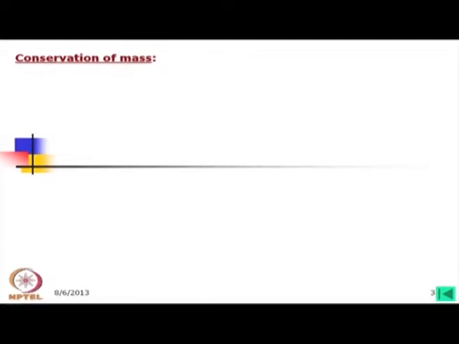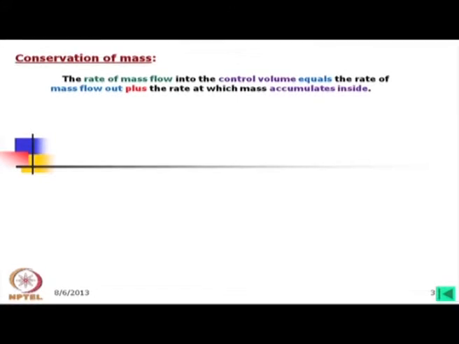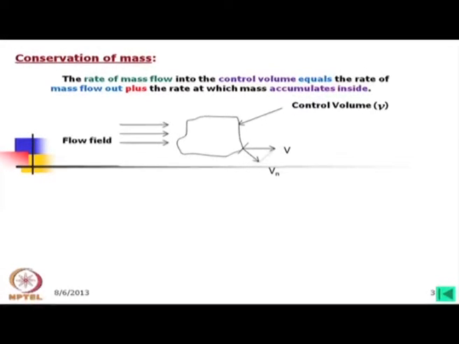Now, let us consider conservation of mass. The rate of mass flow into the control volume equals the rate of mass flow out plus the rate at which mass accumulates inside. Now, let us consider a control volume.